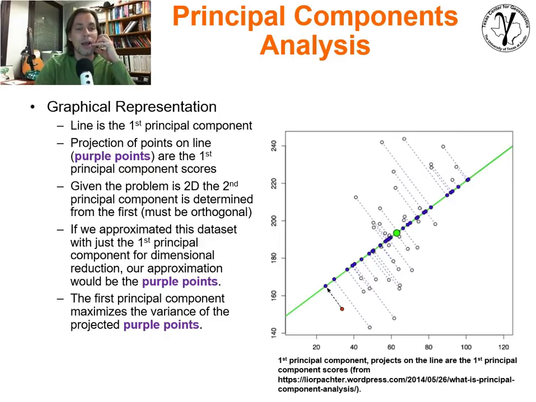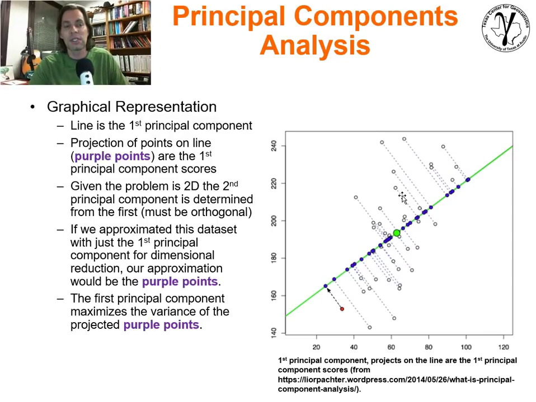Let's take a look at this right here. We've got a graphical representation. Here's the reference for the figure that I showed there. 2-dimensional problem, one variable, the other variable. We calculate the first principal component. It's represented along this line right here. We go ahead and take that summation, but we only sum 1 through P equals 1. We only take the first principal component. What does that effectively do? It's like we're saying that the principal component 2 score is equal to 0.